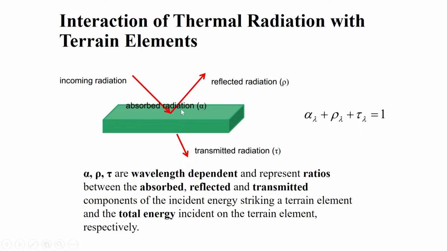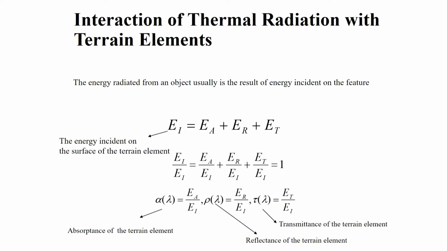One portion will be absorbed by the surface, some portion will be transmitted, and some portion will be reflected. It means that if the incident energy is represented by EI, then EI will be the sum of the absorbed energy, reflected energy and transmitted energy.